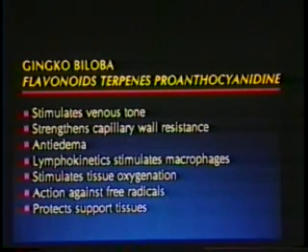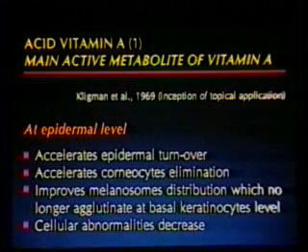It acts as anti-edema, lymphokinetic, stimulates macrophages and tissue oxygenation. It acts against free radicals, protects support tissues, and is one of the drugs most frequently used both cosmetically and mesotherapeutically.